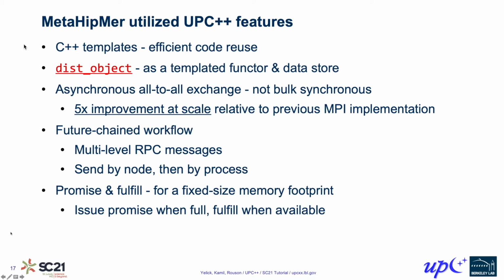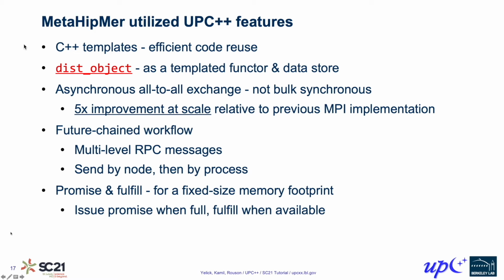The asynchronous, logical all-to-all exchange where everybody is sending their k-mers out into buckets of a hash table or histogram looks like an all-to-all exchange but is not done as a bulk collective call. It's done using these finer-grained, dynamically aggregated messages or data transfers. And this gives you much better scaling relative to the MPI implementation, as I mentioned, for the k-mer counting phase.